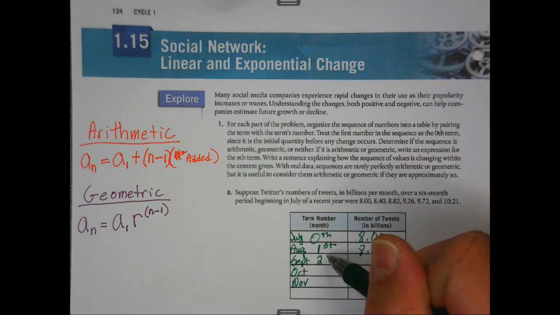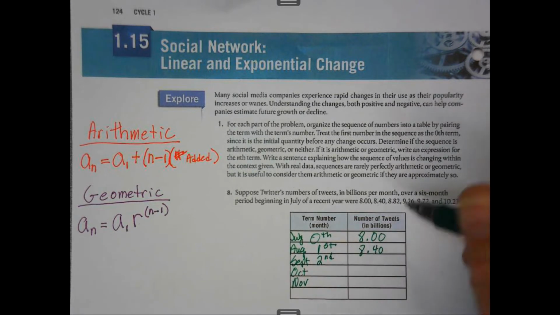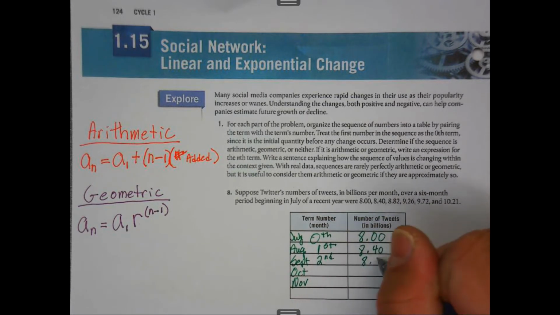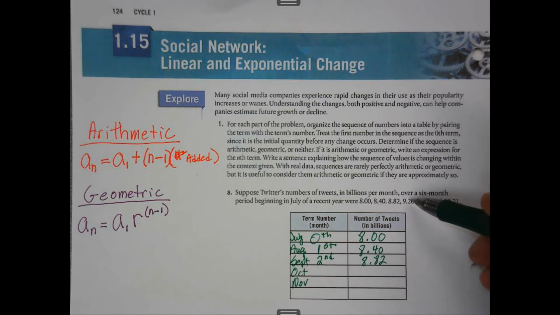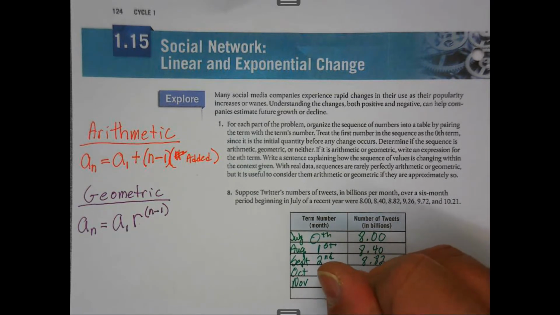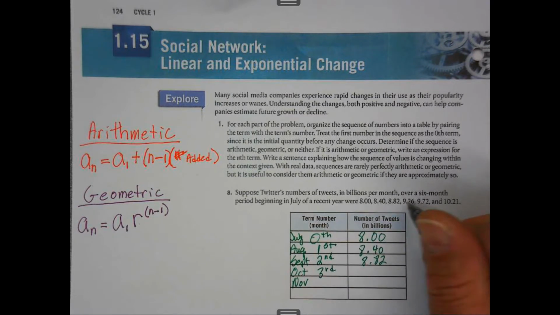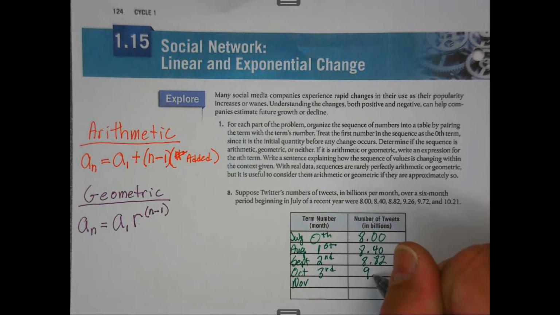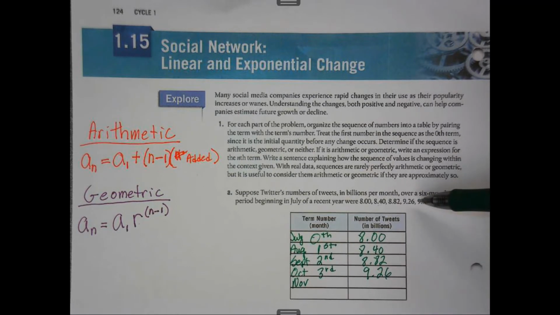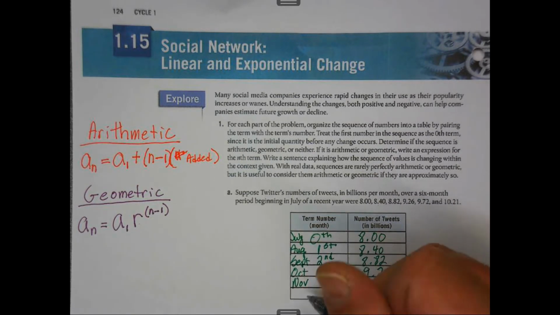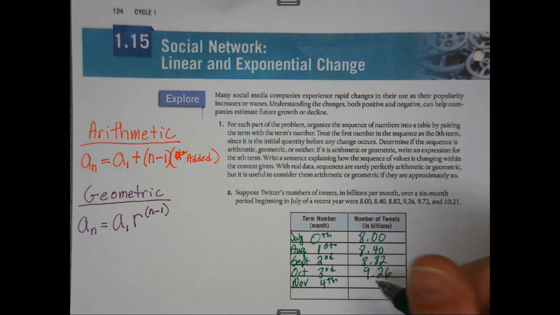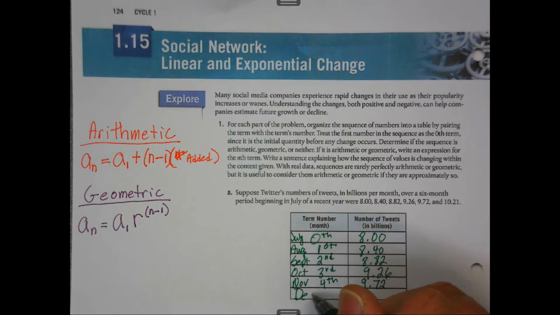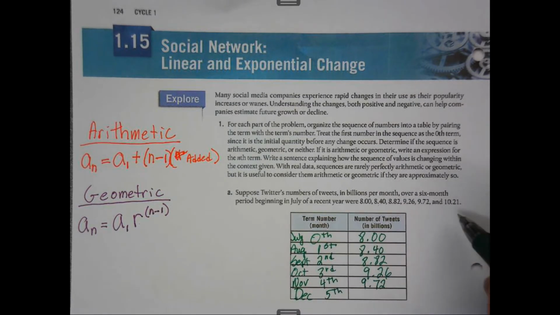So the second term is going to be 8.82. Third term is 9.26. Fourth term is 9.72. And the fifth term is 10.21.